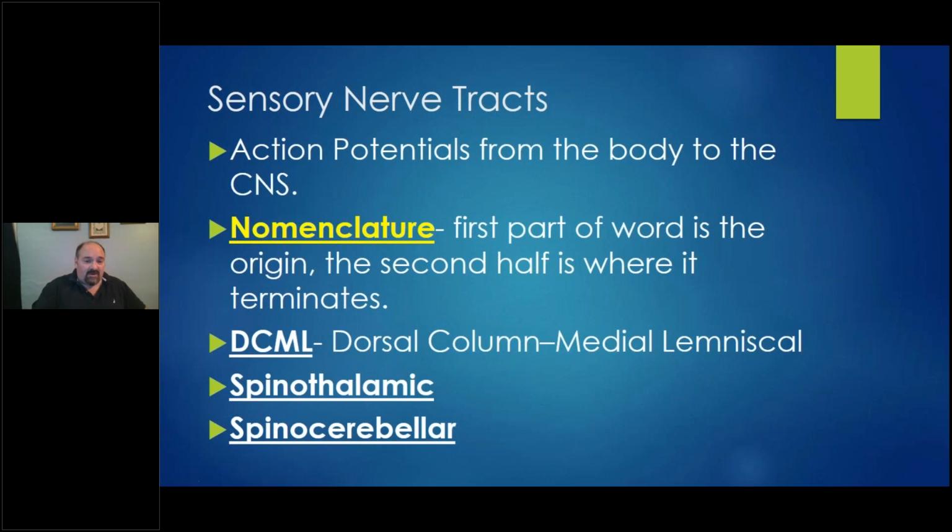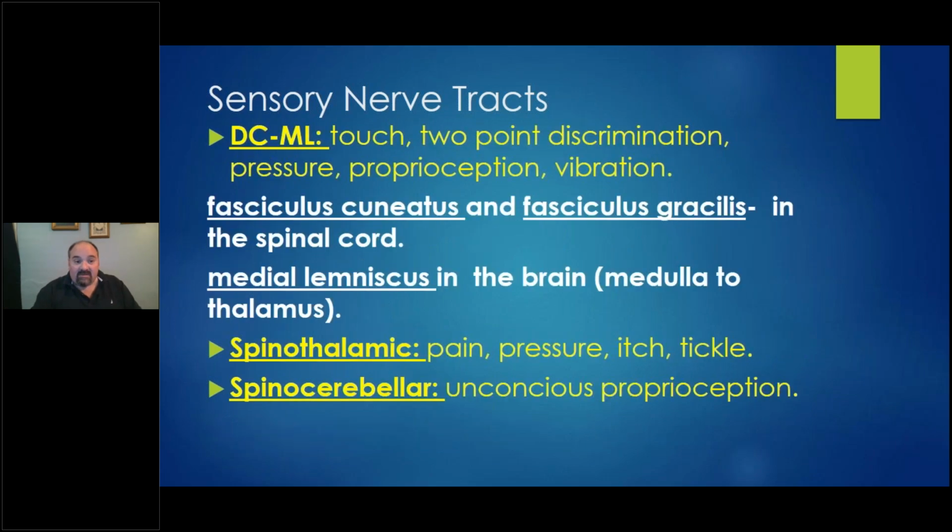That would be understanding spinocerebellar, spinothalamic, and the DCML, dorsal column medial lemniscal, as far as the portions of the spinal cord, understanding where these tracts are going up. They're afferent, going into the spinal cord and coming up to the brain itself.